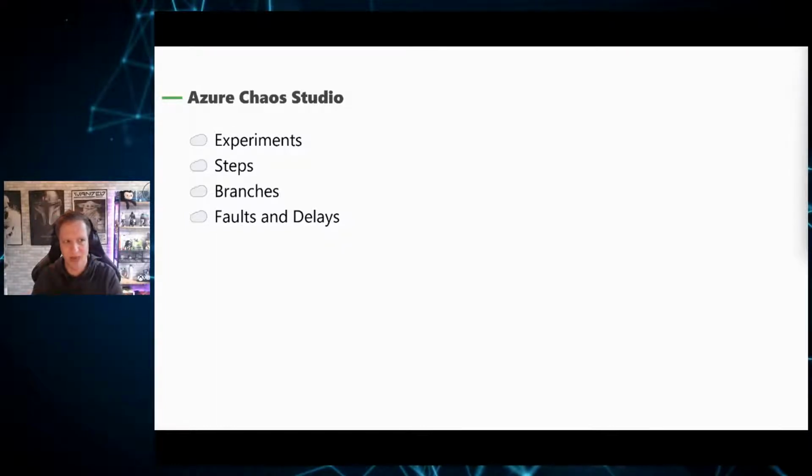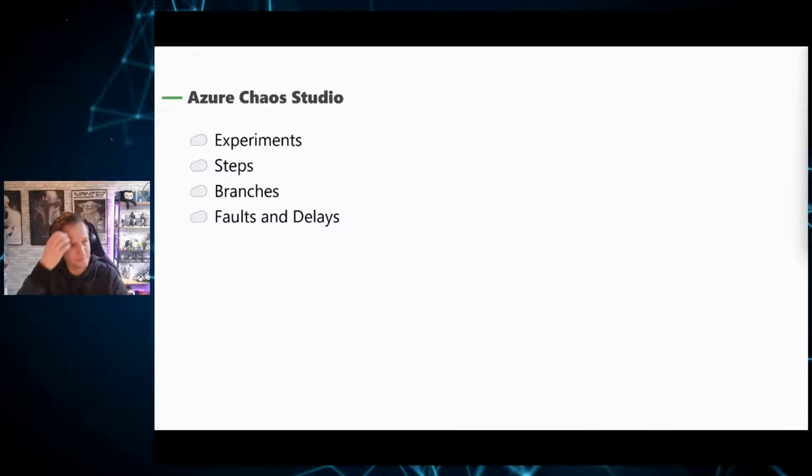But within a step, you will have a branch. And within that branch, you will say, I will have 2 faults, which is memory goes to 100%, CPU goes to 100%. So that's within a branch. Now, if you want to run stuff in parallel, which is not supported for every configuration, you would configure a second branch within that step. So then they will run in parallel.